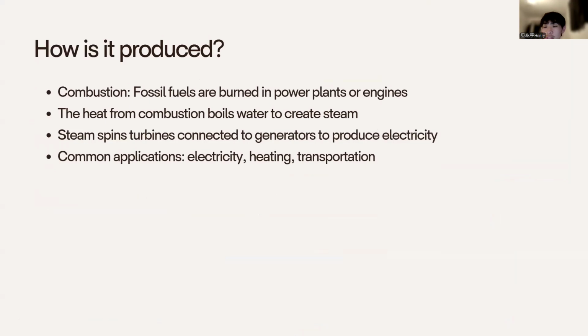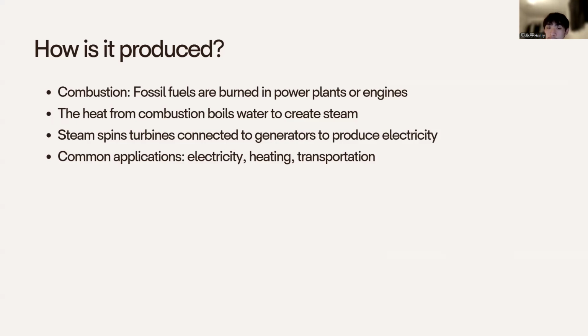And next, how it is produced. So fossil fuels are primarily used through combustion, burning them in power plants or engines. This process produces heat, which boils water into steam.